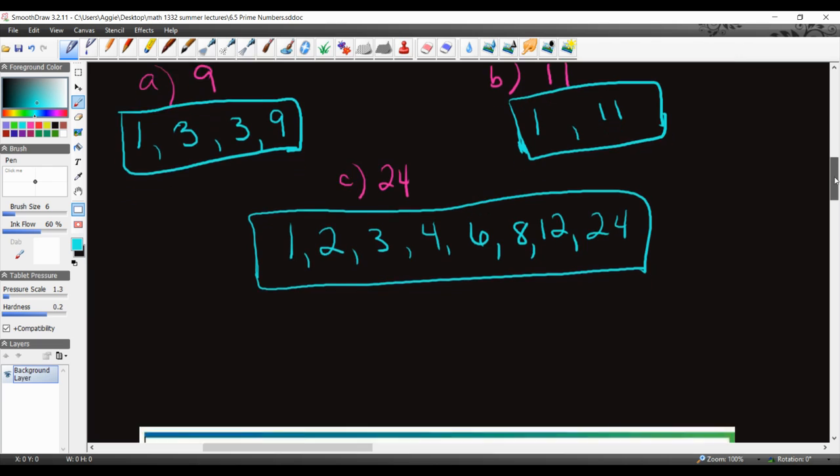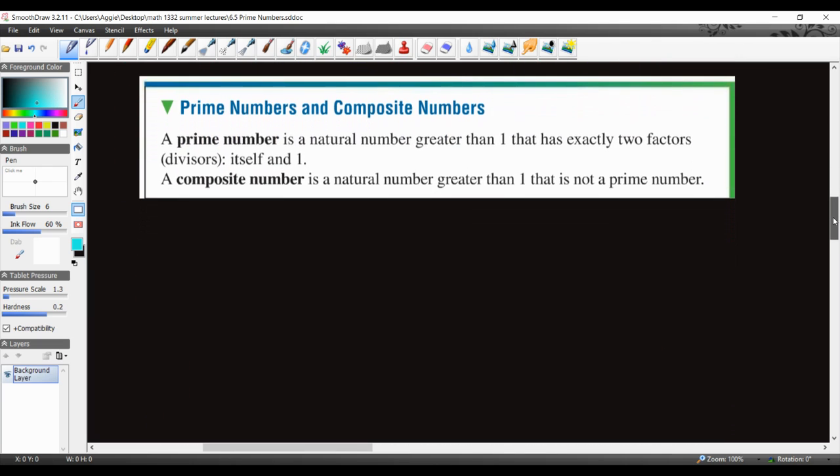Relatively simple. Let's go ahead and define officially now what a prime number and a composite number is. That number 11, which only had 1 and itself, we know is a prime number, and here's why. A prime number is a natural number greater than 1 that has exactly 2 factors or divisors, and those divisors are itself and 1. That's the main thing here, itself and 1.